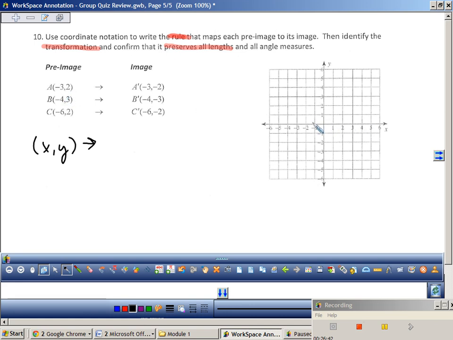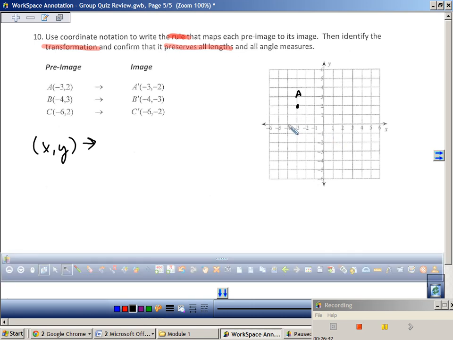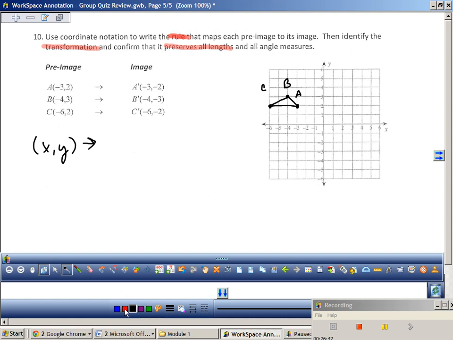So negative 3, 2 would be right here. That's A. And negative 4, 3. There's B. And negative 6, 2 is C. So there is my pre-image. Now I'm going to do my image. What color?